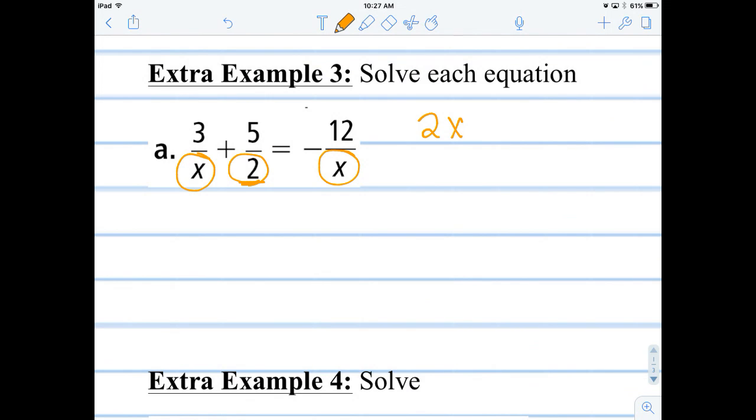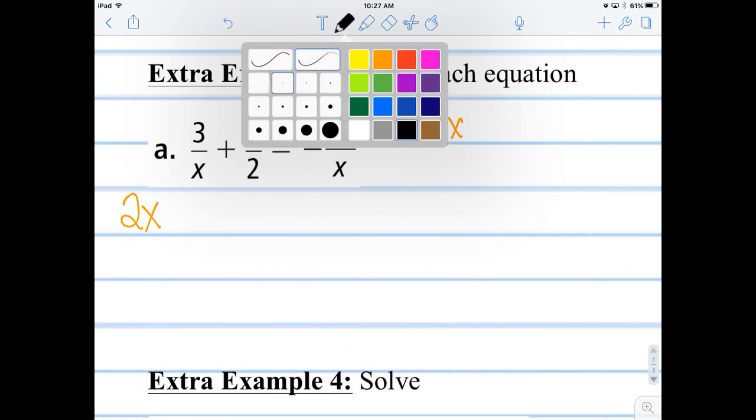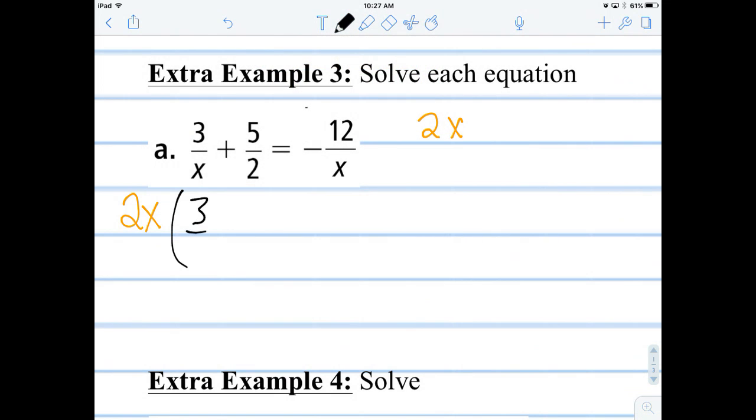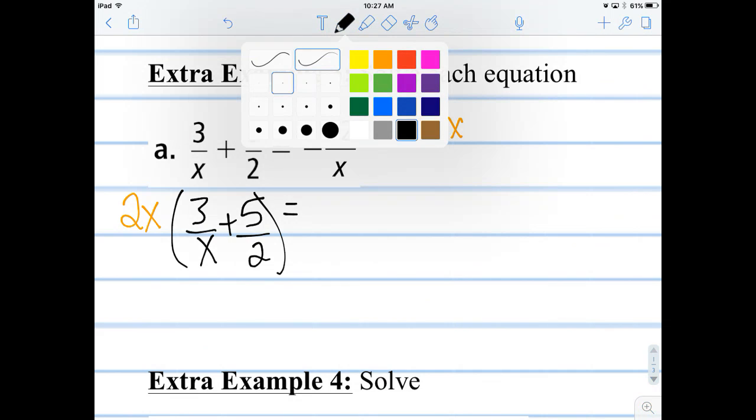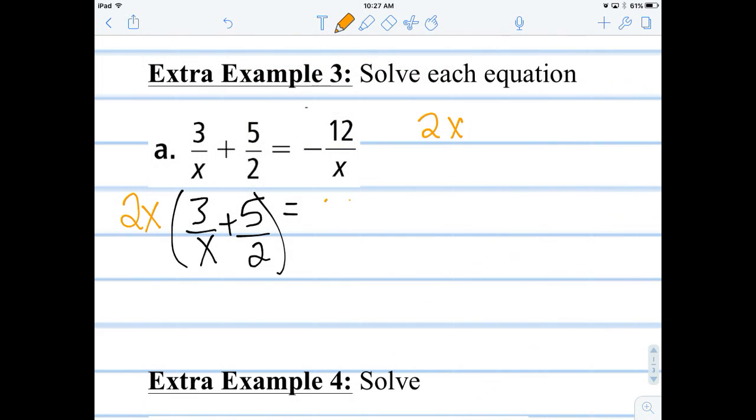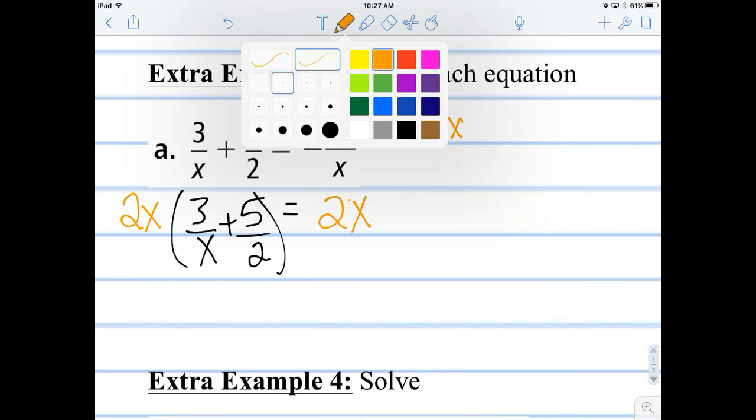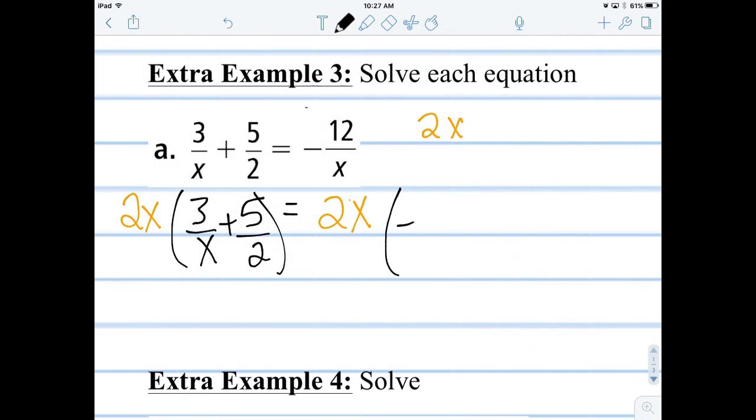So what I'm going to do now is take both sides of this equality and multiply by 2x. So 2x times 3 over x plus 5 over 2 equals, and now I'm going to take this side and multiply by 2x, 2x times negative 12 over x.